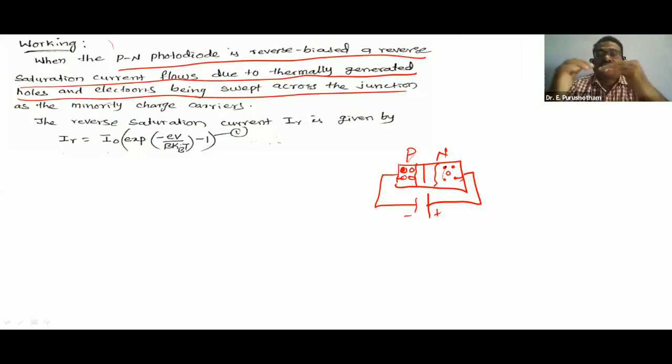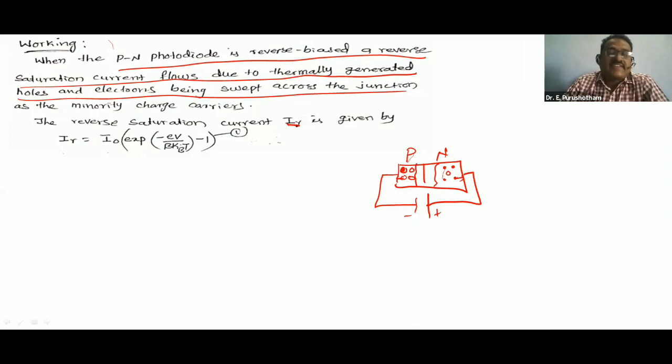But due to thermal vibrations inside the PN junction diode, some holes and electrons can move through the junction. It produces some current, called the reverse saturation current, represented by IR.